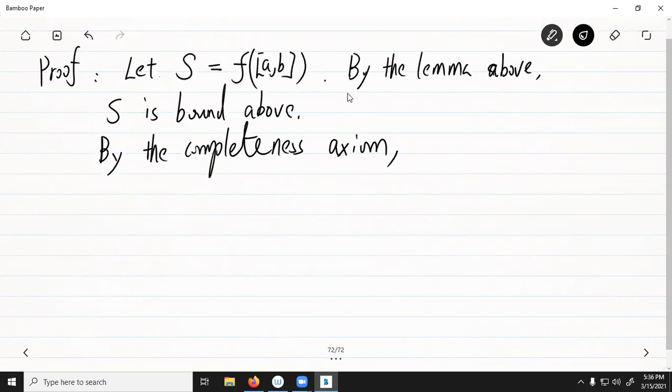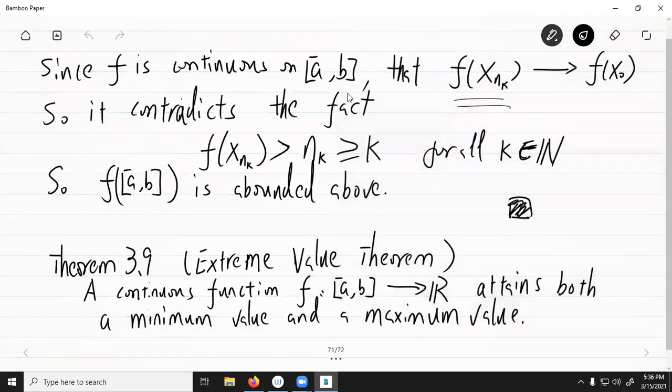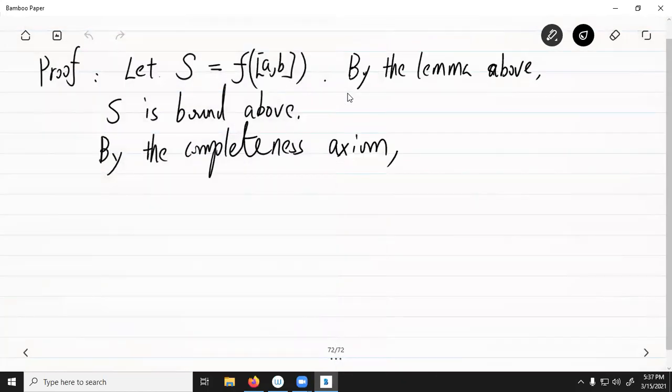If you have a set of real numbers, and this S must be a set of real numbers, no problem, because f is from AB to R, the real number set. So the image must be real numbers. If this set is bounded above, then the supremum must exist, right? This is called the completeness axiom.